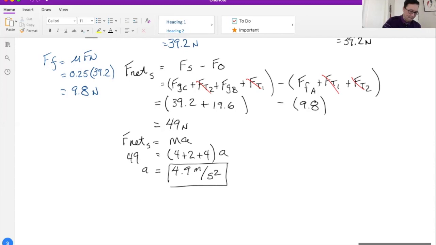Okay. Here we go. Fnet is equal to mass times acceleration. Object A was 4 kilograms times 4.9. I almost wrote that backwards.